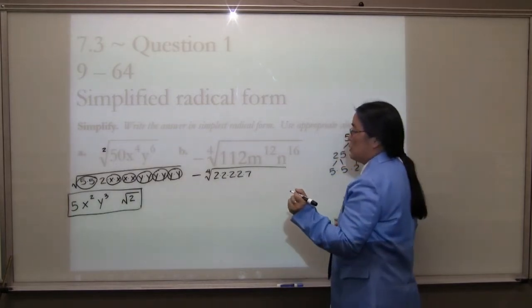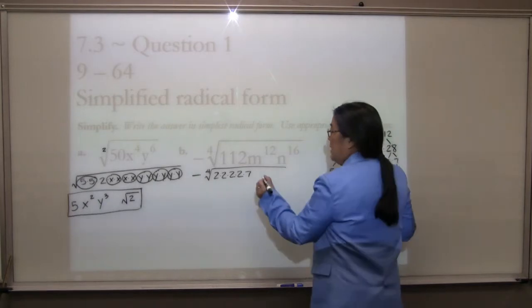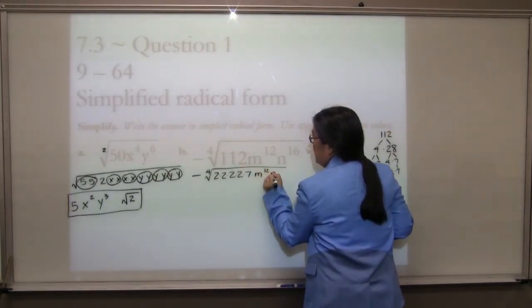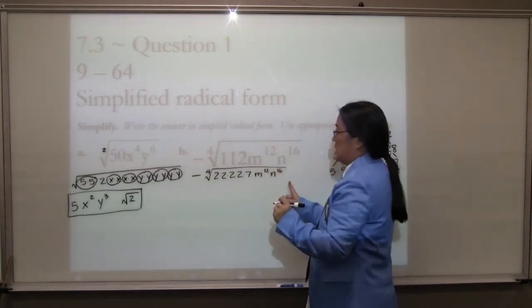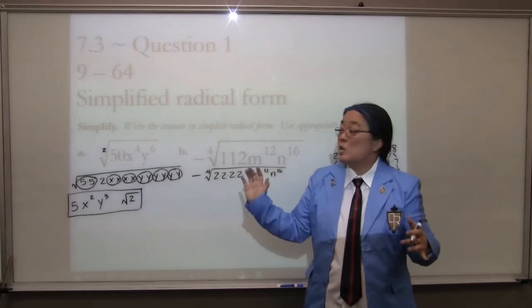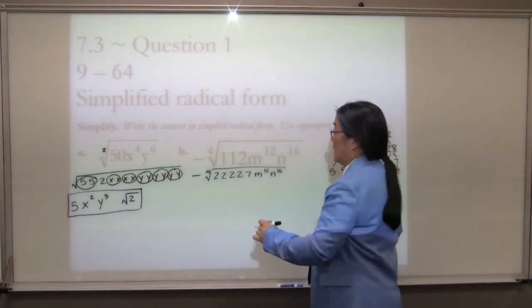Do I really want to write 12 m's out? Not really. Do I want to write 16 n's out? Not really. So I'm not going to write those guys. If it makes it easier for you, I have actually seen students writing out 12 m's and 16 n's so that they could do the circling thing. If that is what helps you, you do that. All right.